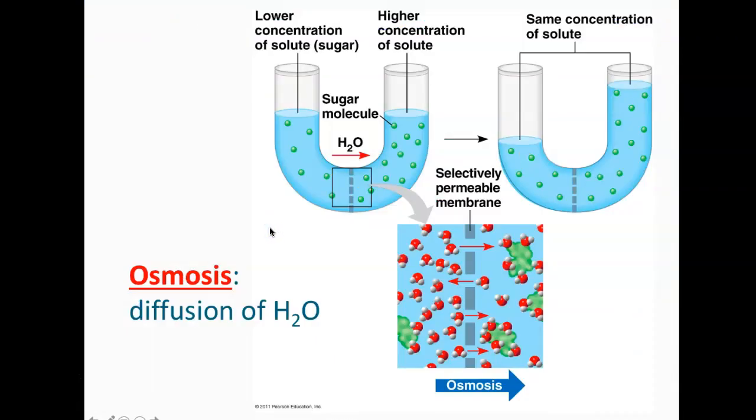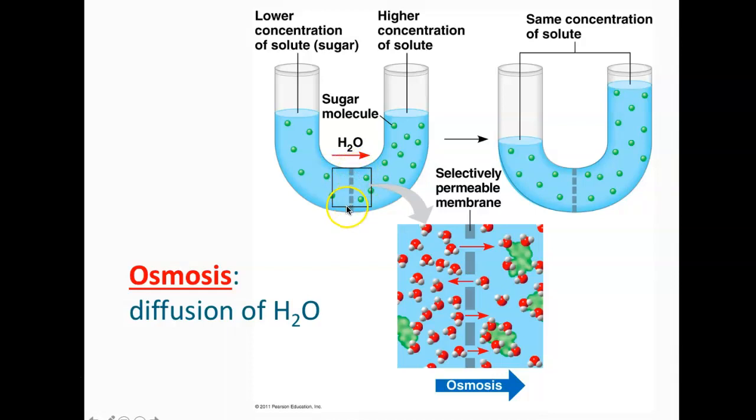Osmosis is the diffusion of water. So the movement of water in order to achieve equilibrium. And so what is used in order to demonstrate osmosis is this thing called a U-tube. If you look at this tube right here, you see that there is a selectively permeable membrane.